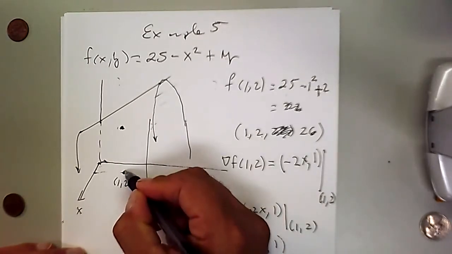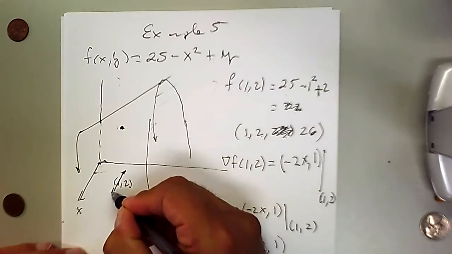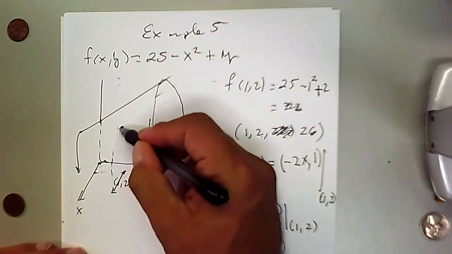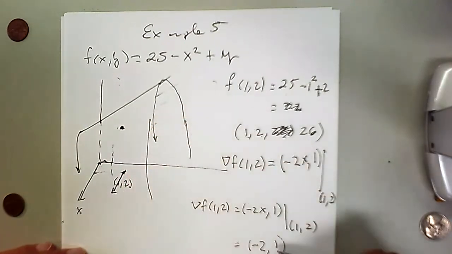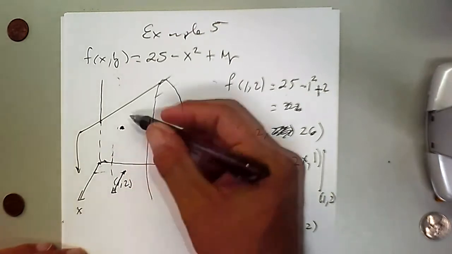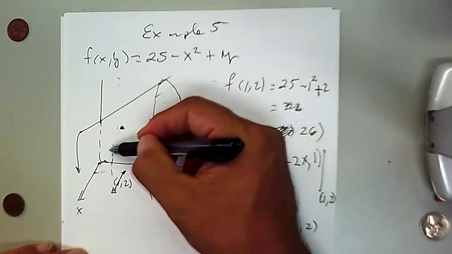If we go in the x direction, we're going to go down by a slope of negative 2. So if we go in this direction, we're going to go down, which makes sense. The parabola is opening down, so that means we're going down.